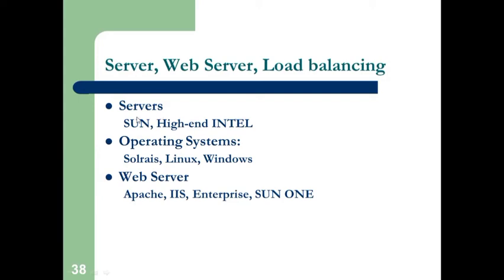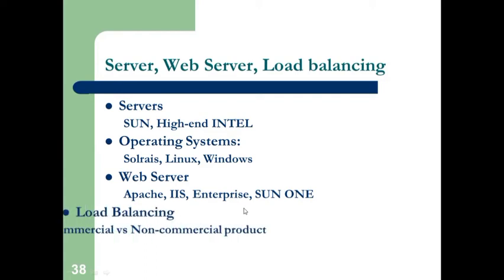Okay, if you want to build your own server, you can build your own server and install Windows Server operating system, Linux, and Solaris on it. If you want a web server, Apache, IIS, Enterprise, and Sun1 will provide you with all the pre-configured services. You do not have to configure everything. You do not have to go through the whole process. Apache and these companies will provide you with the services, and around about $2 per year they take for managing your website.